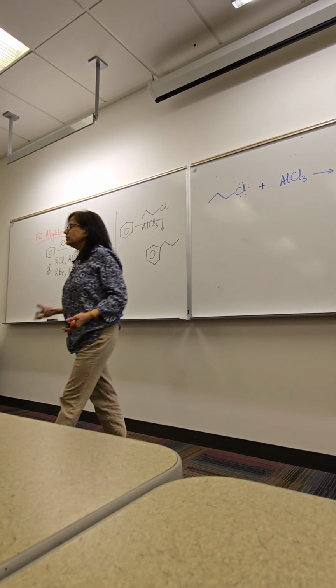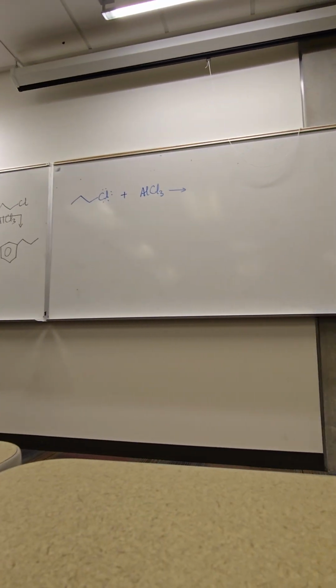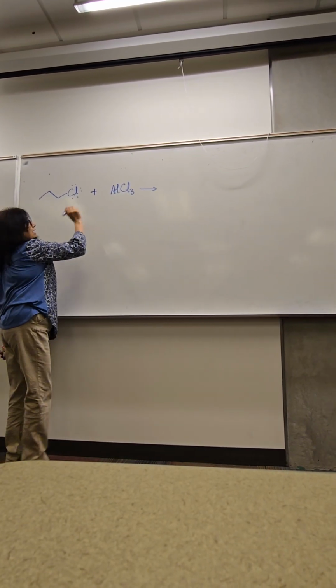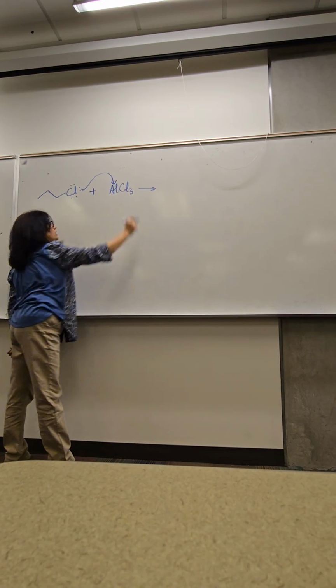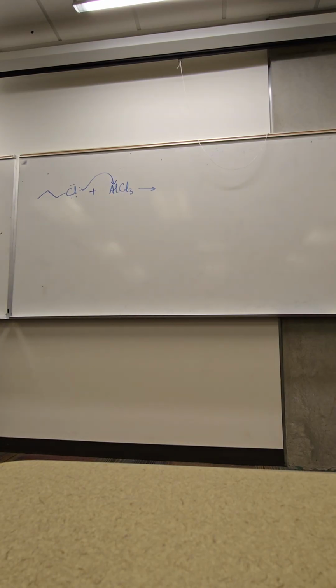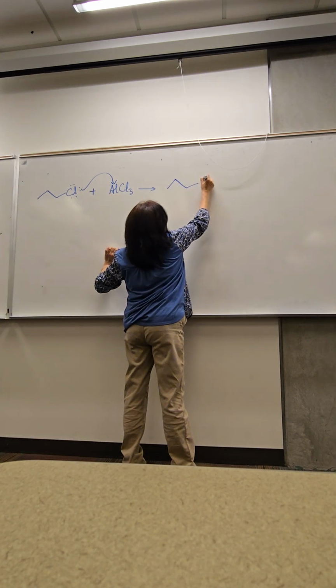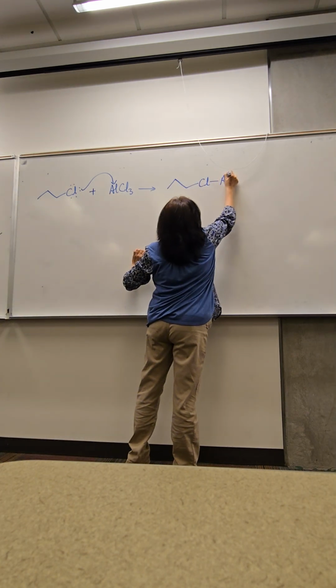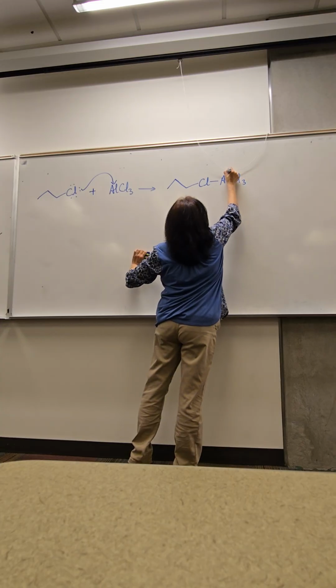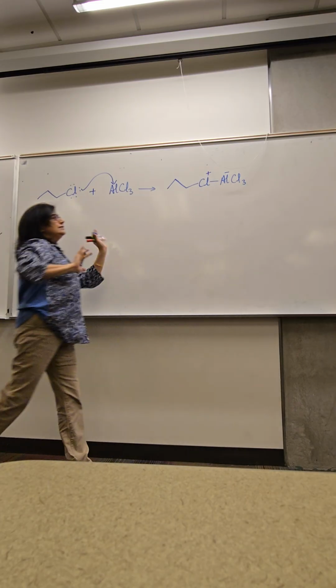The Lewis acid wants electron density. That's why it's a Lewis acid. So just like halogenation, electron density is donated to the Lewis acid by the Lewis base. Just like halogenation, this creates an adduct. You guys remember adducts? Exactly the same.